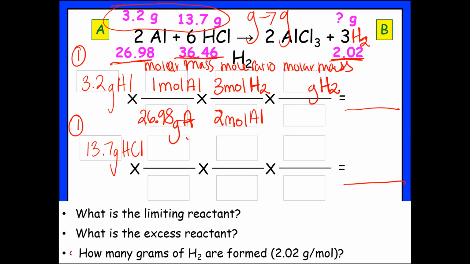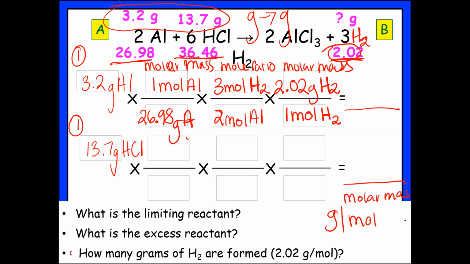Once you get all the numbers, you can multiply. They already gave us the mass, 2.02. And then what would you put in the bottom? The mole, which is 1. Yeah, that's right. It's always going to be 1. So whenever you see molar mass, it's always grams divided by mole, which equals grams divided by 1.